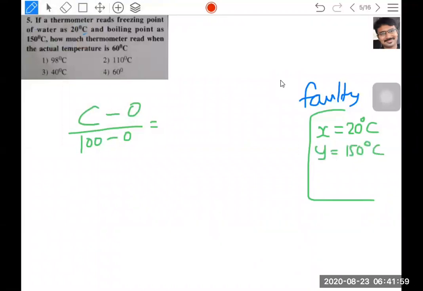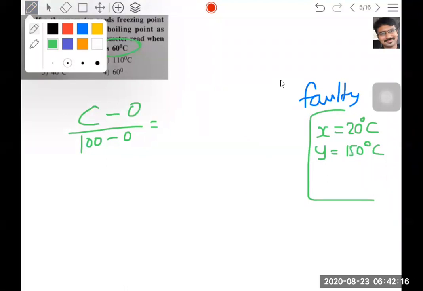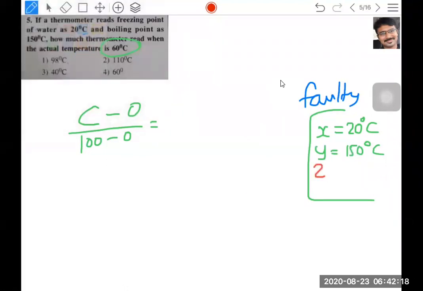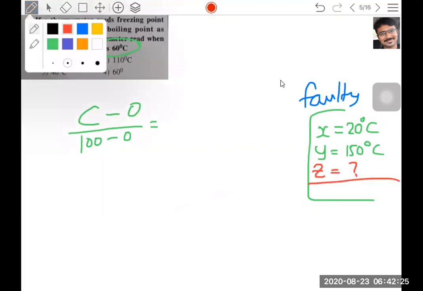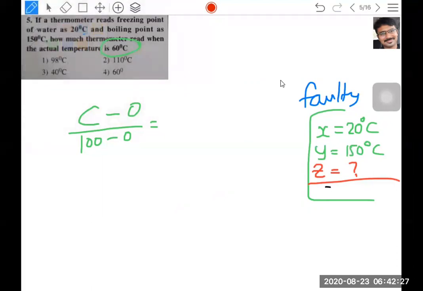Now they are asking what the thermometer reads when the actual temperature is 60. Actual temperature 60 means what is the faulty thermometer reading? So they are asking us to find the faulty thermometer reading, the Z value, and the given actual temperature is C equal to 60.